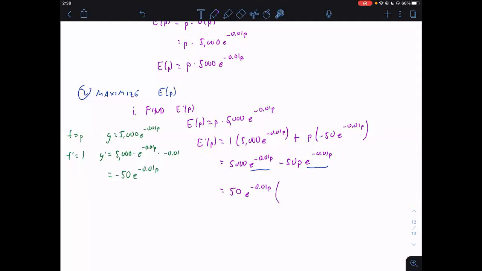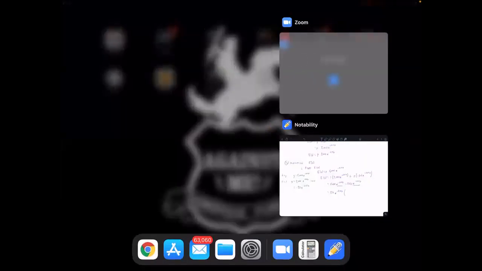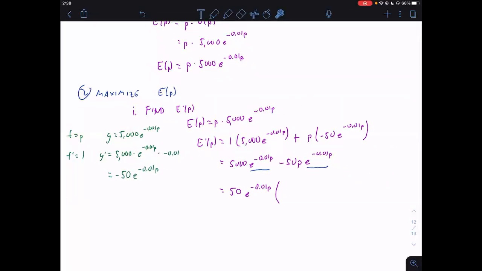And what are we left with on the inside now? If we take out 50 from 5,000, essentially dividing by 50, 5,000 divided by 50 leaves us with 100 in that first term. We pulled out the entire exponential to the front, so we're just left with the constant of 100.